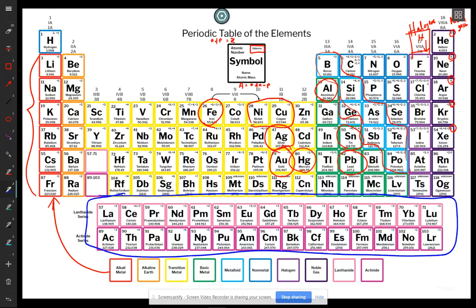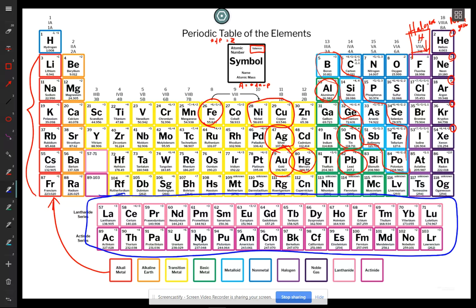You go down 2 more periods, and then you have the next set, which is, I believe, what is it? 18? I should know these numbers offhand. It's not like they're hard to come up with. 1, 2, 3, 4.